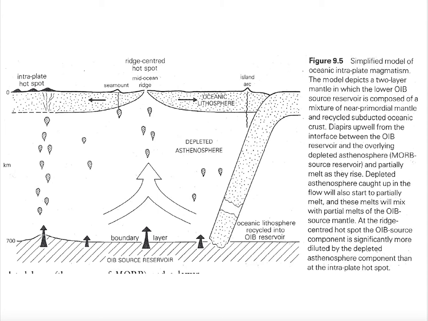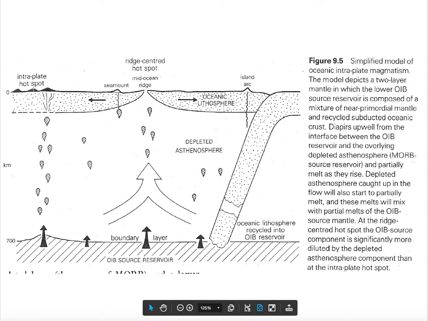Therefore we have a model which depicts a two-layer mantle in which the lower OIB source reservoir is composed of a mixture of near primordial mantle and recycled subducted oceanic crust. That is just what I told you. Plumes upwell from the interface between the ocean island basalt reservoir and the overlying depleted asthenosphere. We have then the MORB source reservoir. And that is where the enriched component comes from.